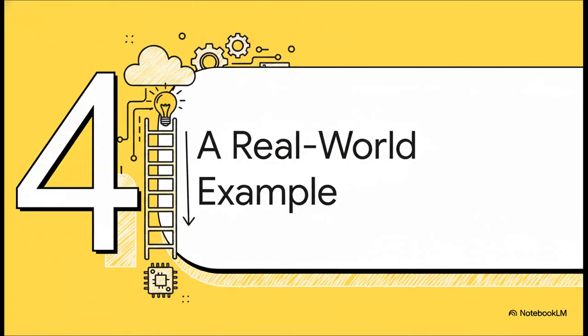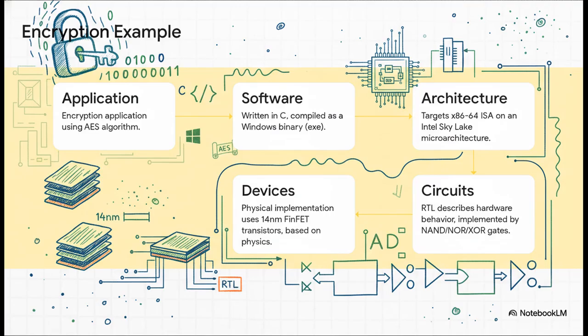Okay, I know, that was a whole lot of abstract concepts. So let's make this real. Let's trace a single idea all the way down that ladder we talked about. We start with an application, say an encryption app that uses the AES algorithm. Okay, then you've got the software, which is written in C and compiled for Windows. And now we hit the architecture layer.